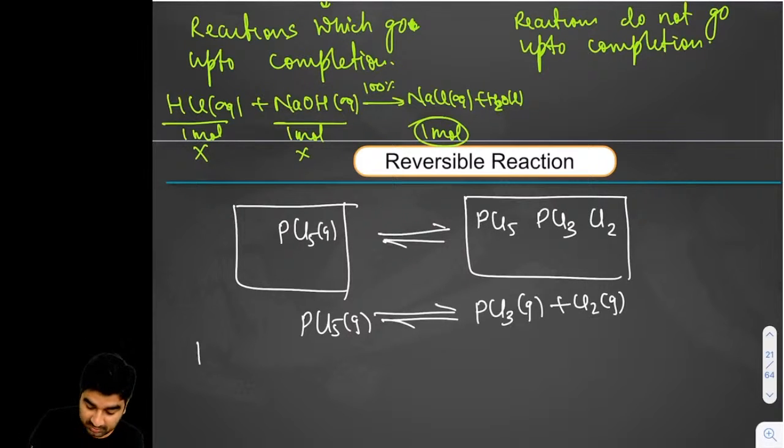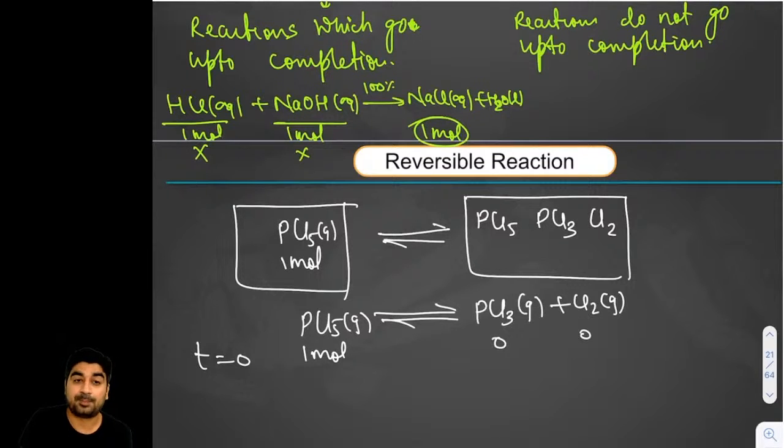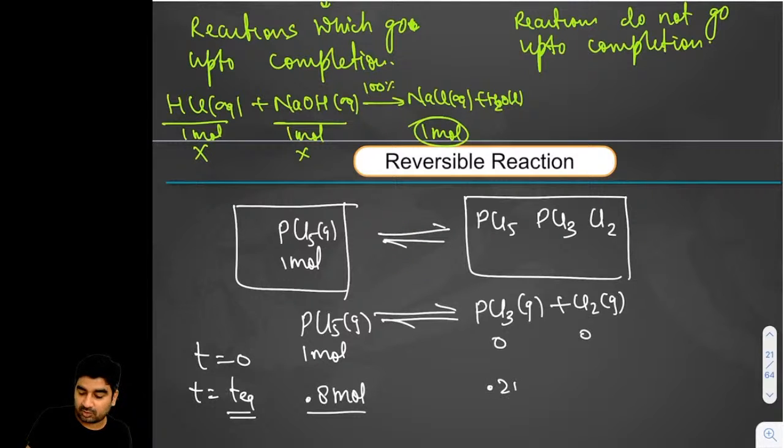Suppose at t equal to 0, you took 1 mole of it, so 0 mole of the others. But after some time equilibrium will be achieved, and now suppose there are 0.8 mole of PCl5, so you will have 0.2 mole of PCl3 and 0.2 mole of Cl2.